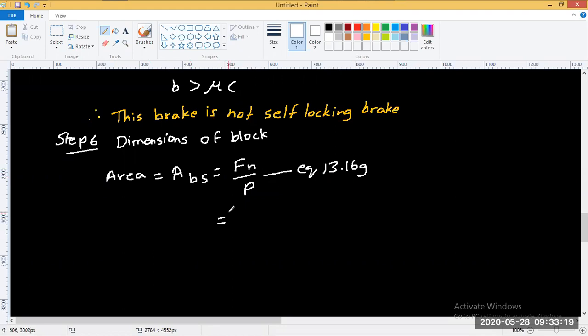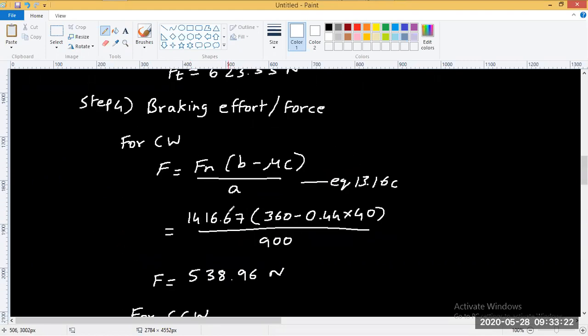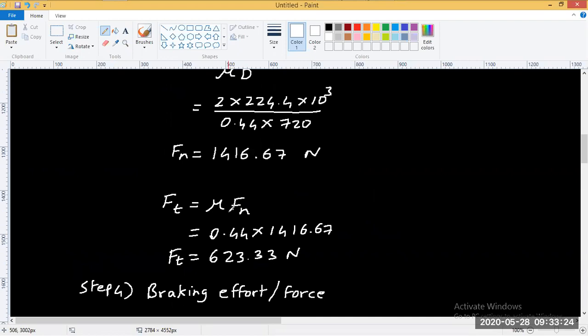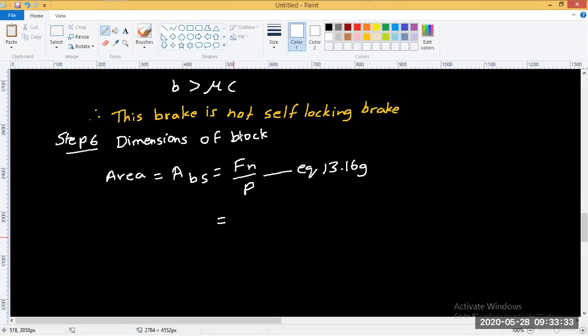So normal force, I think we already found out how much that is: 1416.67. And this here is a small p, the pressure. This is over 0.6. So with this we can get the area.